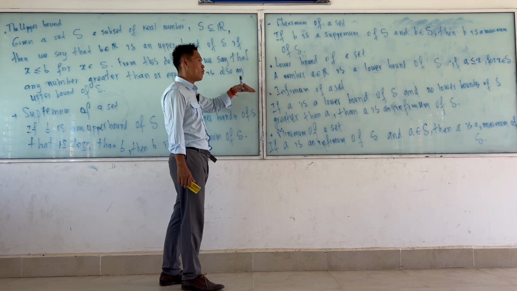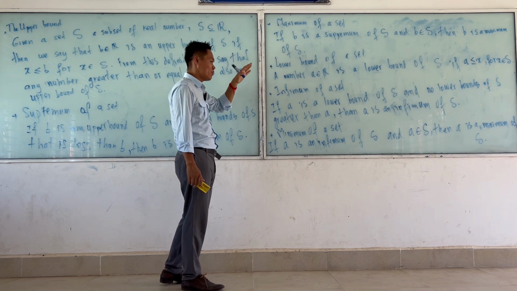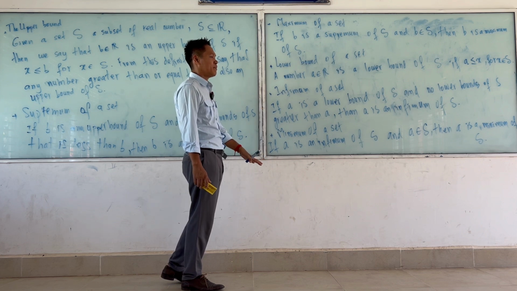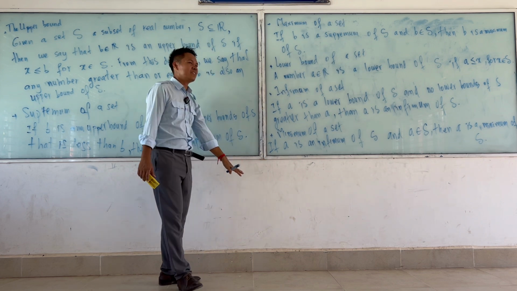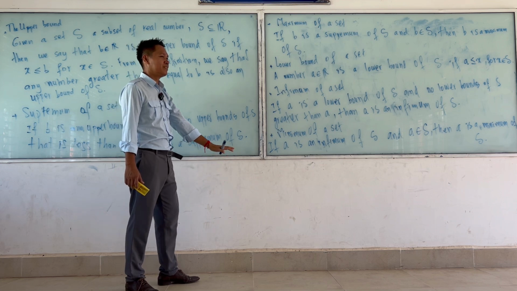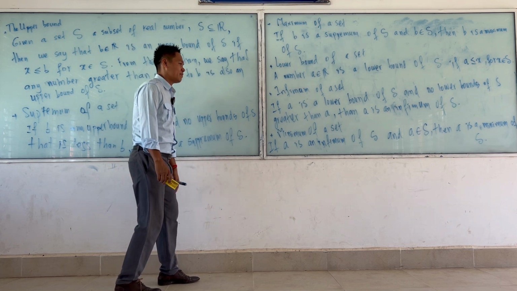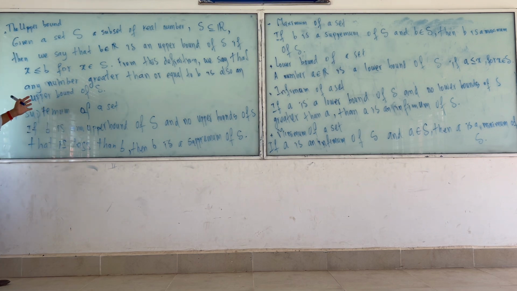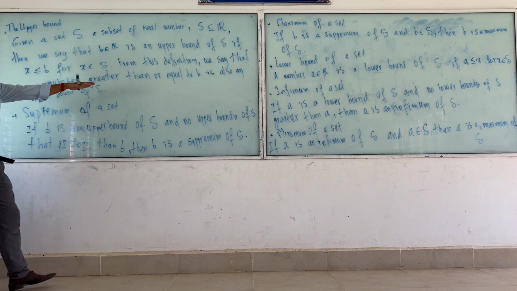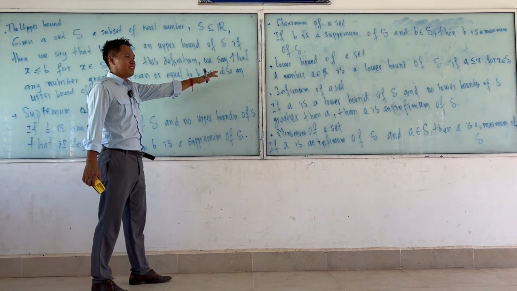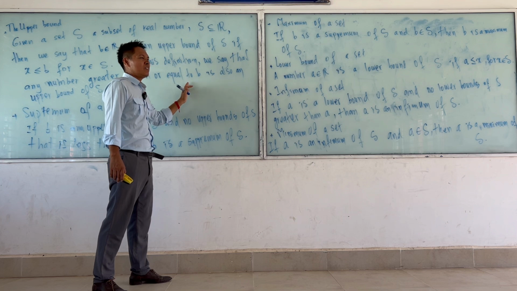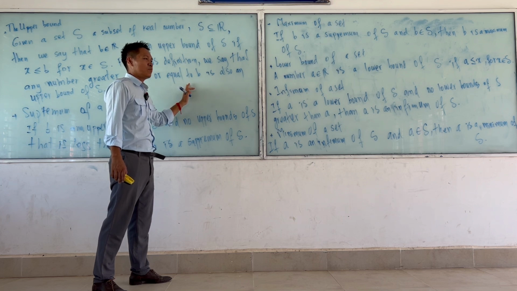Above means something high, and below means something lower.